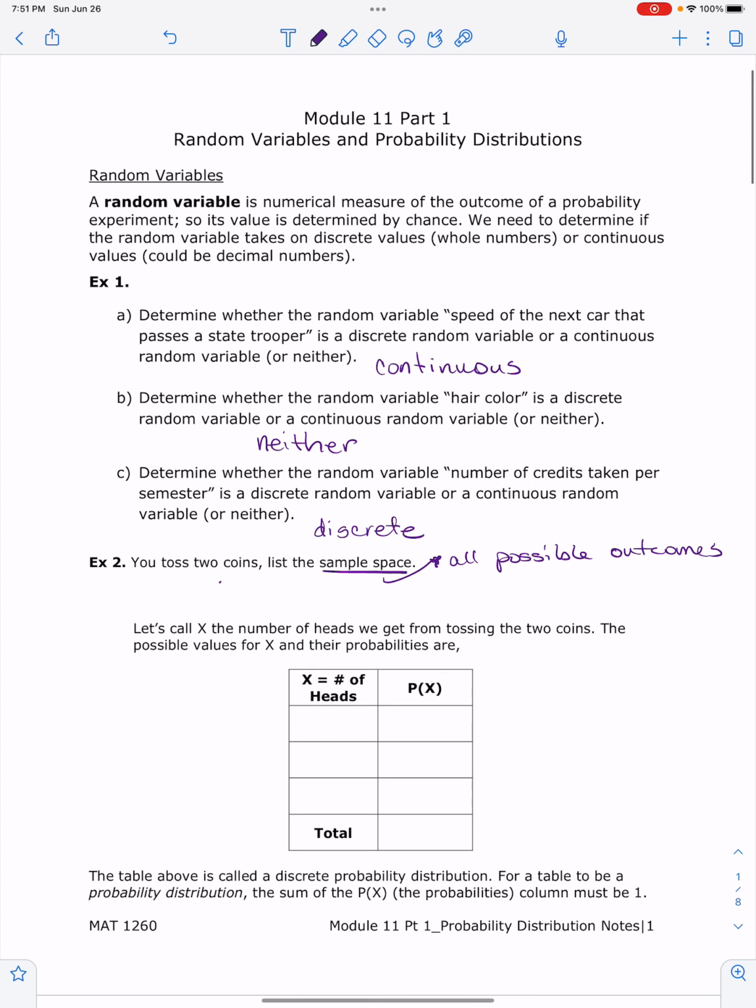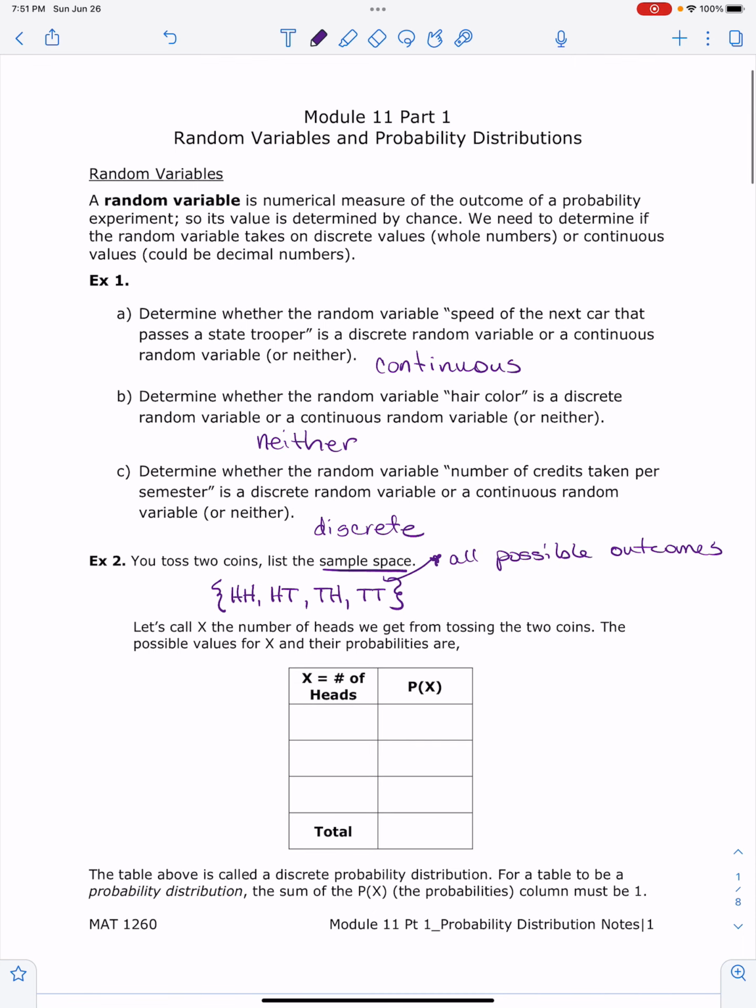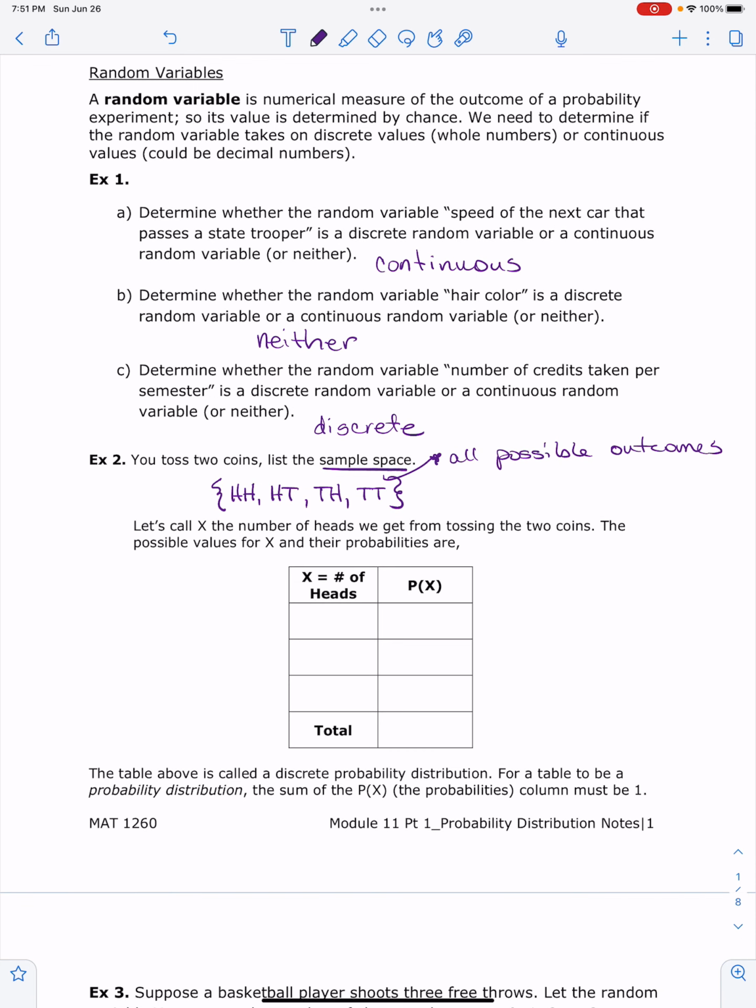If we are tossing two coins, we could get a head and a head, a head and a tail, a tail and a head, or a tail and a tail. So 4 possibilities. We are going to call our random variable x, and x here is going to be the number of heads that we get from tossing the two coins.